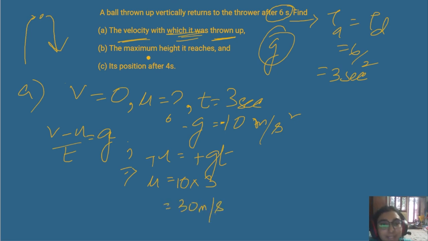Okay. The maximum height it reaches, very simple, s equals ut minus gt square by 2. Here also it will be minus.